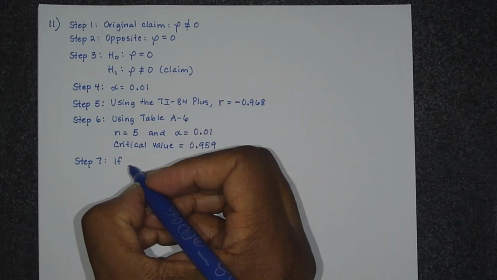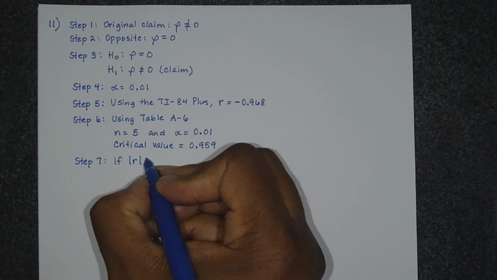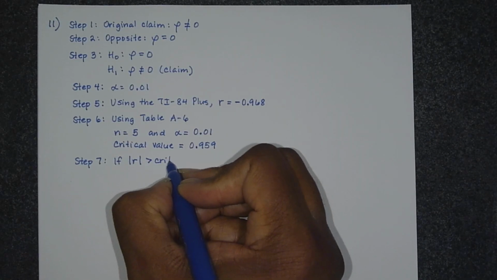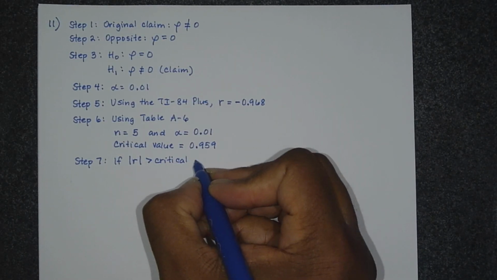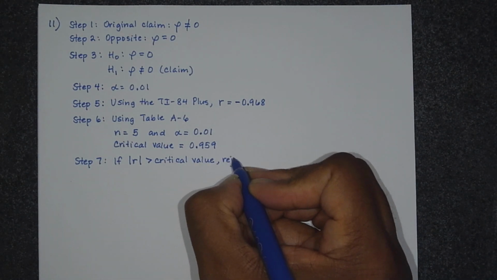Now the decision rule is always going to be this. If the absolute value of R is greater than your critical value, you're going to reject the null hypothesis.